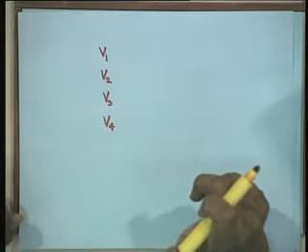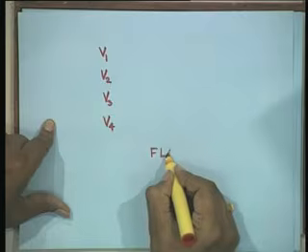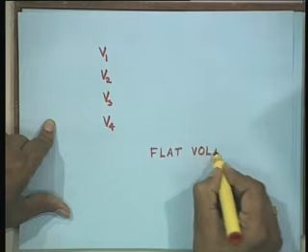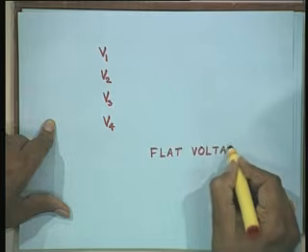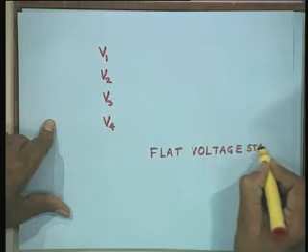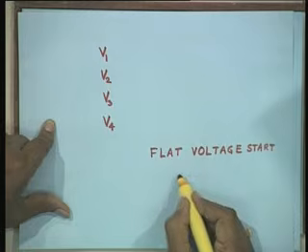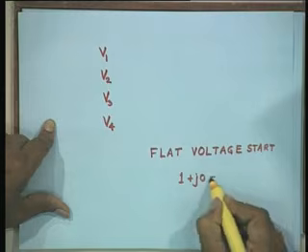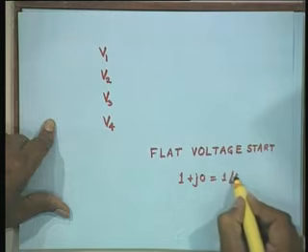Why do we know? We know that voltages at all the buses are close to 1 per unit, and this is called flat voltage start. You must have learned this term earlier also, I am not sure, but anyway I repeat it, flat voltage start. When you say flat, it means we assume that all voltages are 1 plus j0 or 1 angle 0.